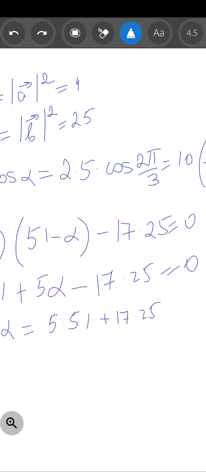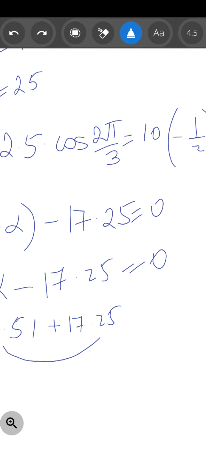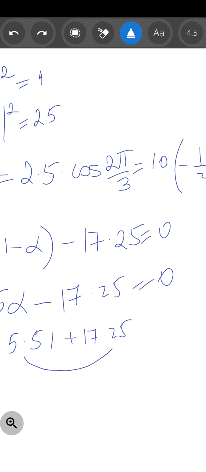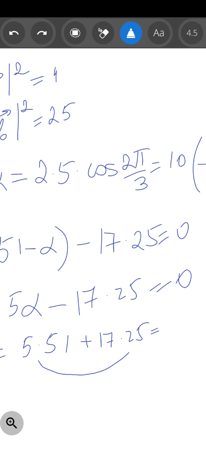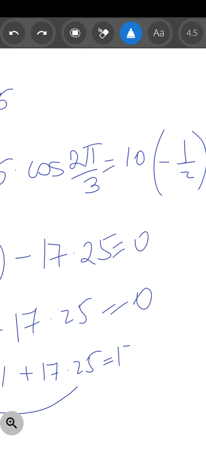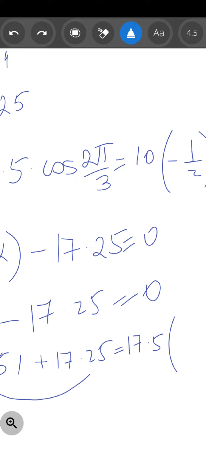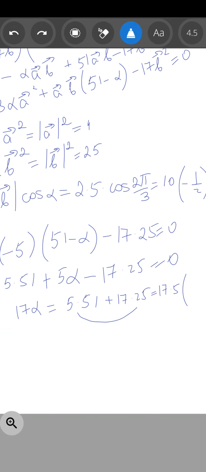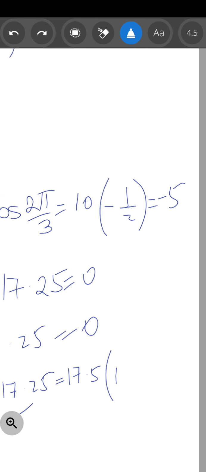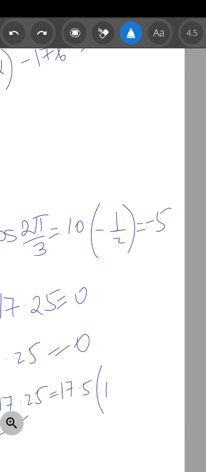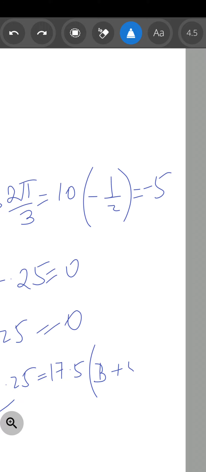To make it easy to compute this number, we can factor out the common factor. In that example, 17 and 5 are common factors. So we can write this expression as 17 times (5 times 3 plus 5).